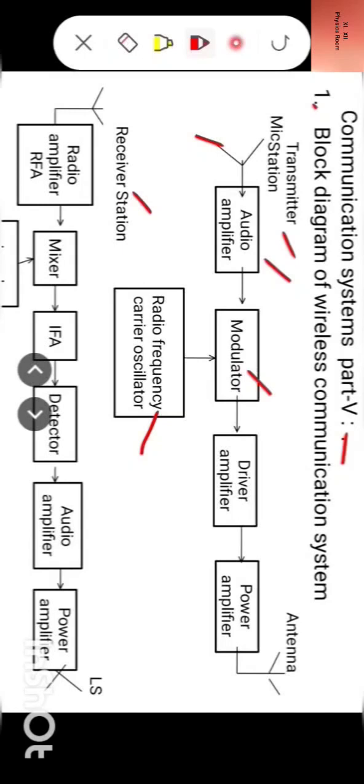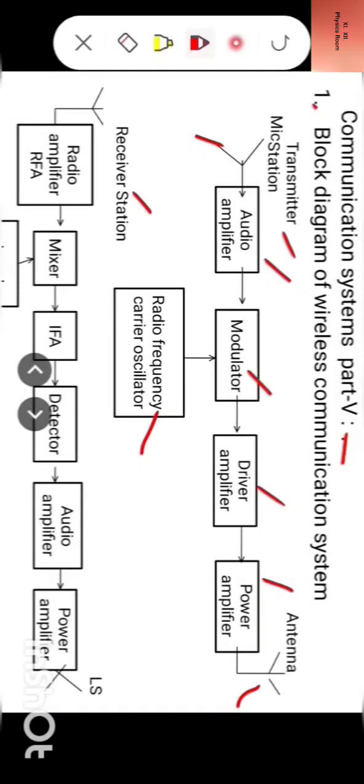After modulation, we have a driver amplifier which raises the level of modulated radio frequency wave, and then it is a power amplifier. Power amplifier raises the current level, that is the power of the signal which is required for radiation through antenna.